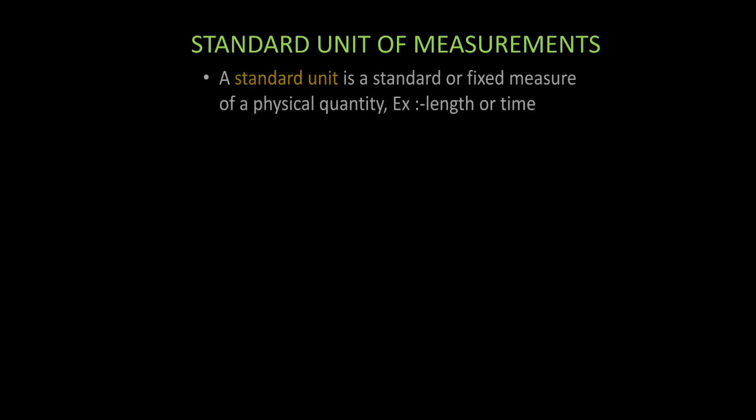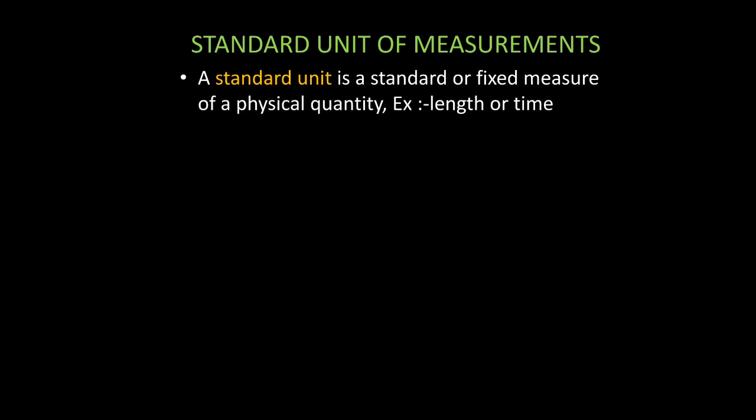Now let us understand what is a standard unit. Let us understand the points. A standard unit is a standard or fixed measure of a physical quantity, for example, length or time. We call it a standard unit.